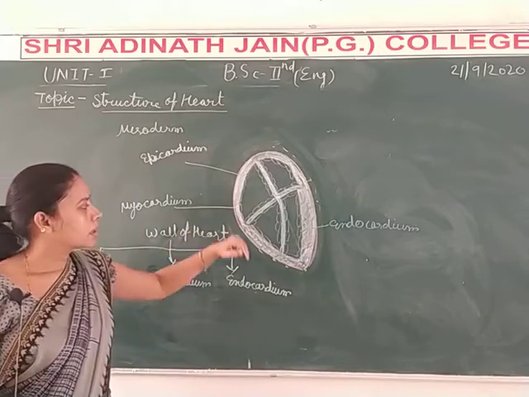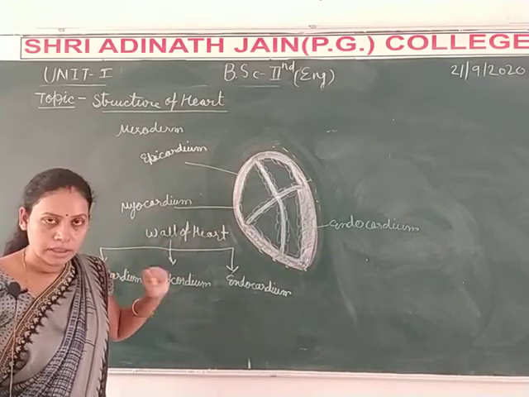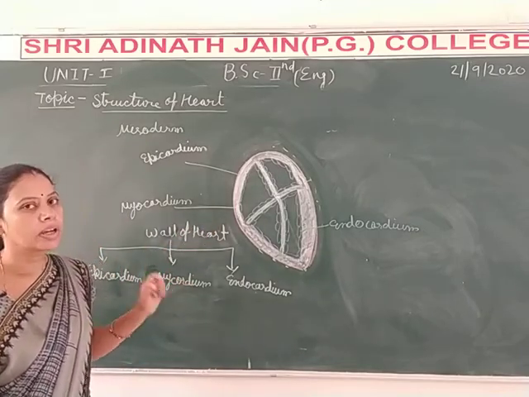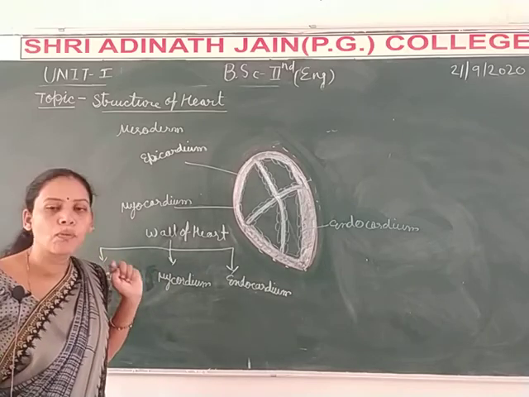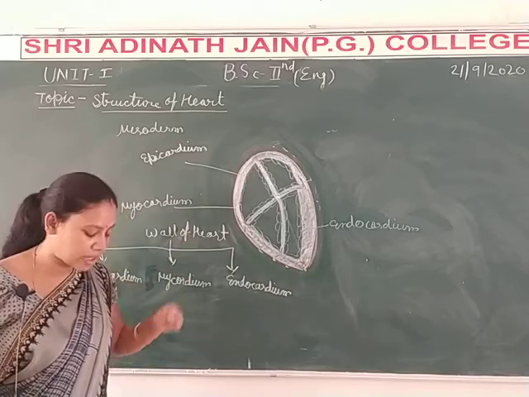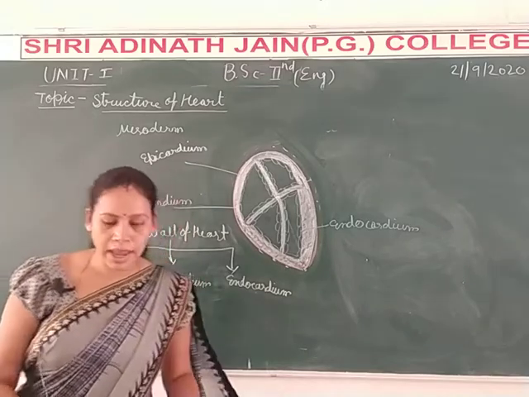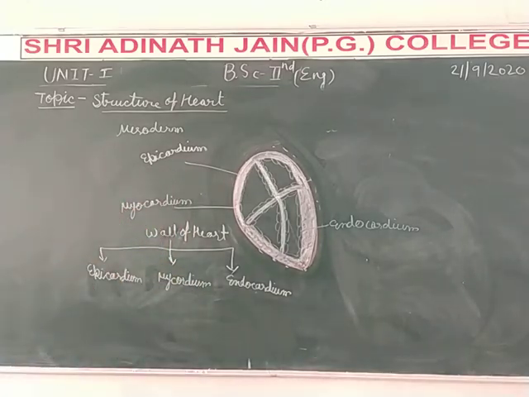Okay, and these animals, it means human beings, have a 4 chamber heart. In this, 2 auricles and 2 ventricles are there.